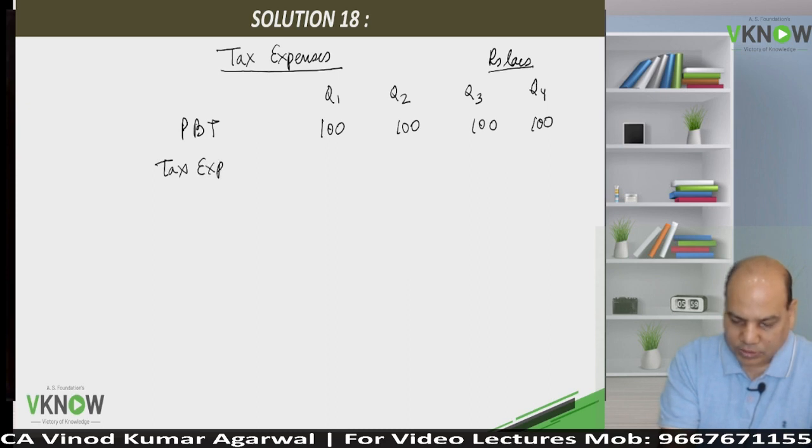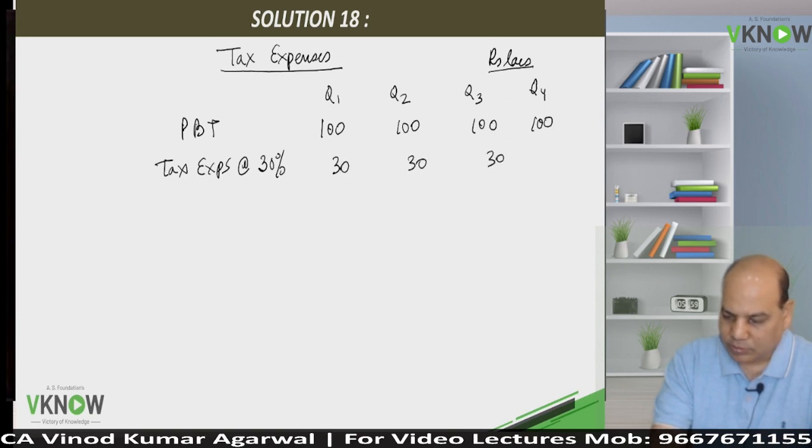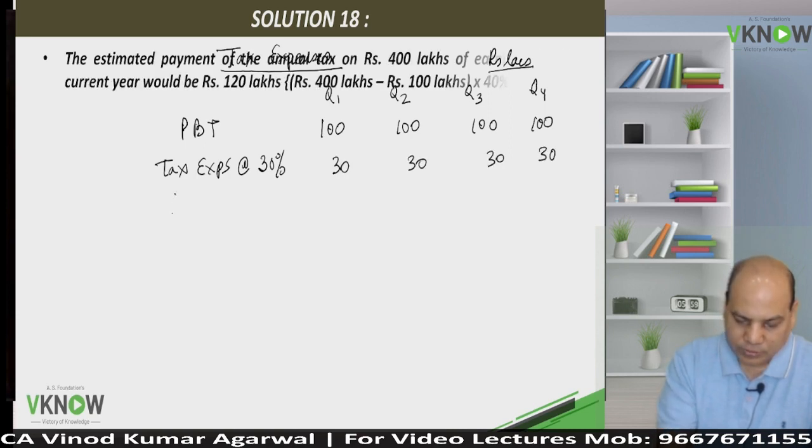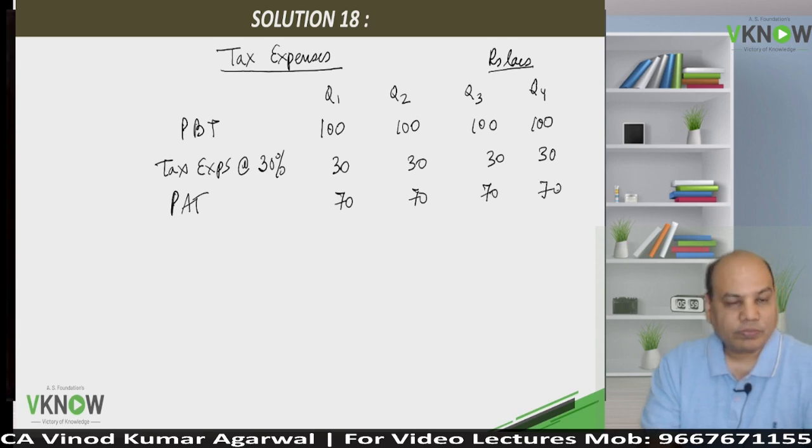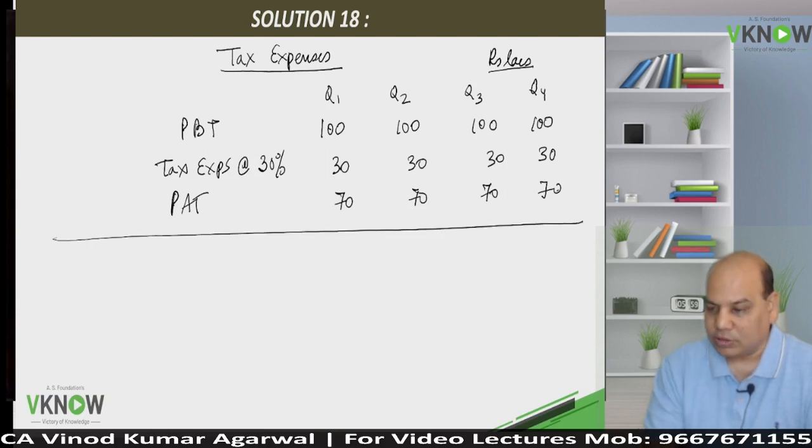Tax expense at the rate 30% would be 30 each, and therefore profit after tax, they have not asked you, but if they ask you in your next exam, then you can record 70, profit after tax 70. So this would be the answer of this question.